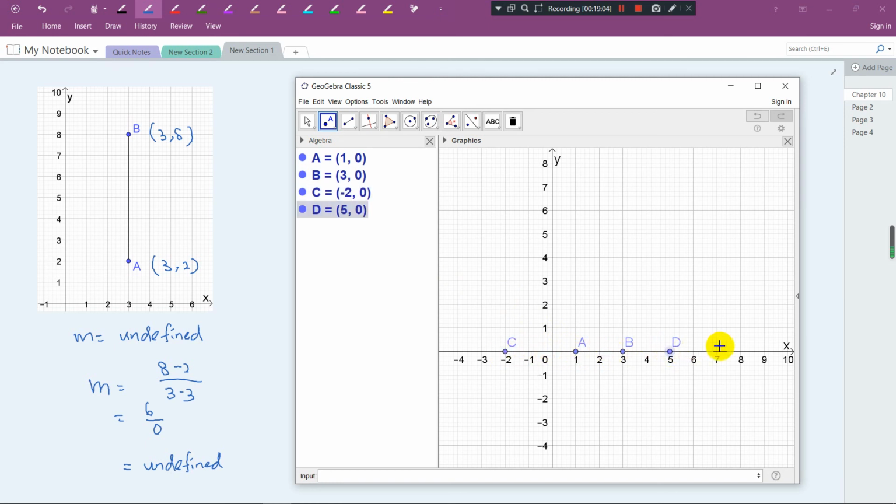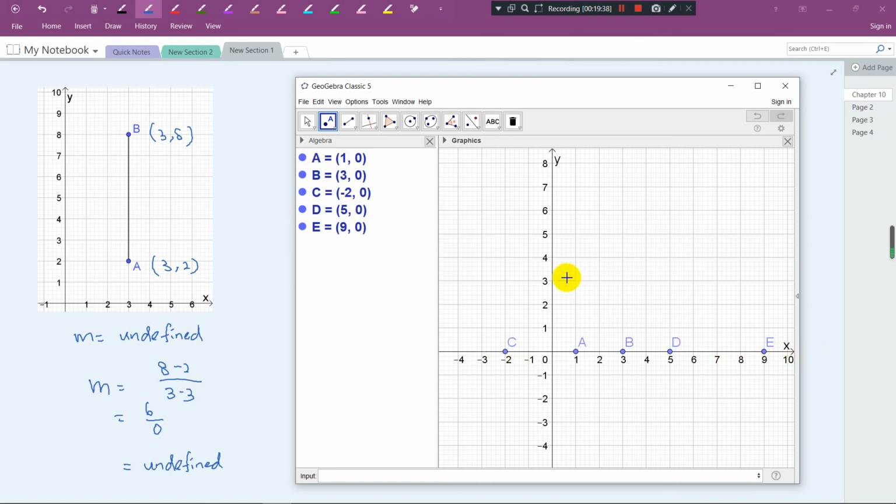All these points are on the x-axis. Do you see any similarity between the coordinates of all these points? You notice that the y coordinate here is always 0. That's why I told you just now, on x-axis, y is equal to 0. The y coordinate will always be equal to 0 if the point lies on the x-axis.